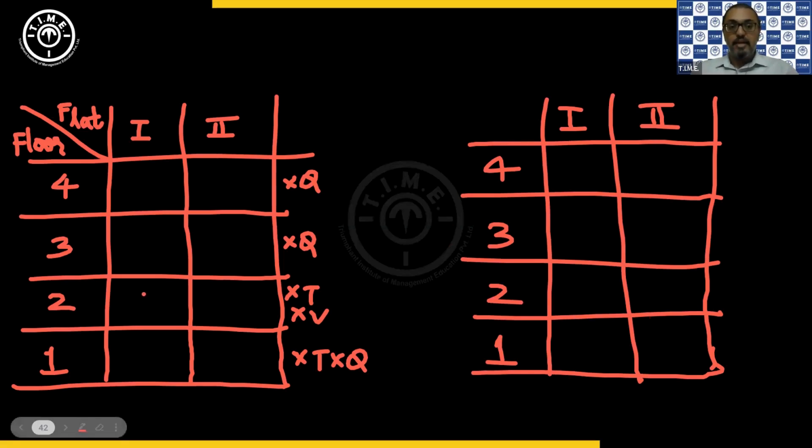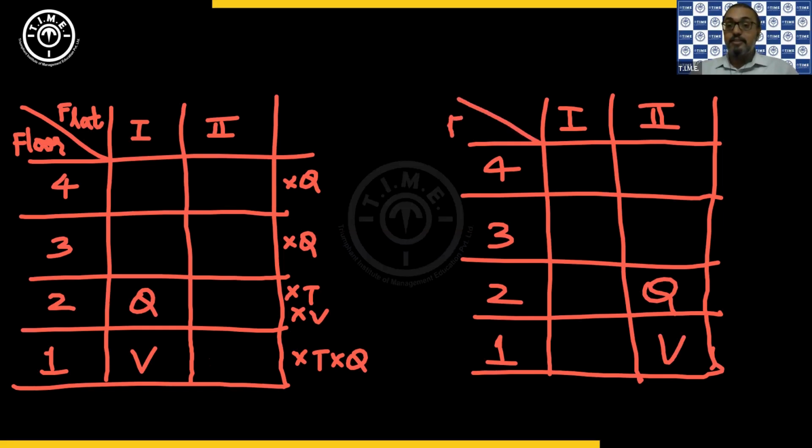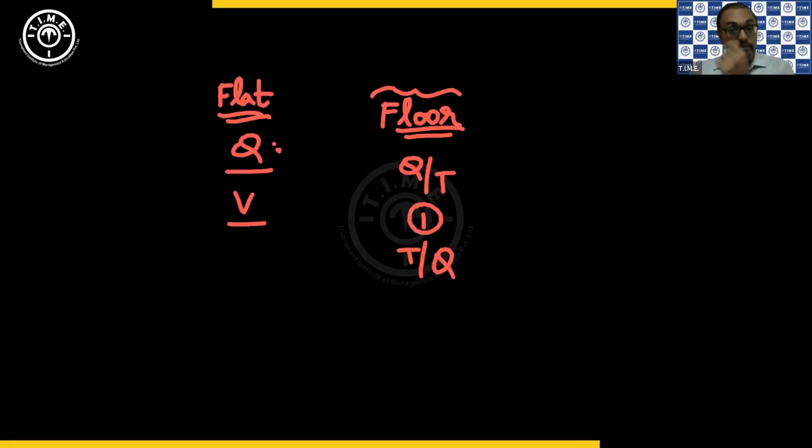So in the first case, I can give Q in flat 1, then V also in flat 1. Similarly, Q and V in flat 2. But which flat is T? I don't know, because the condition with respect to Q and T is only with regard to floor. So T can be in flat 1 or flat 2.